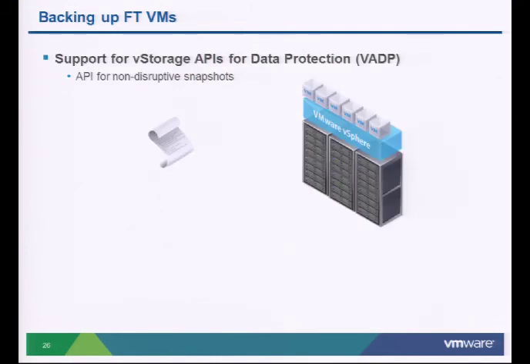It's as simple as taking a script or a third-party program. It talks the VADP API to your data center, and it can tell a particular VM, hey, I want this VM to be saved to disk. All right? So let me show you. We've implemented this. Seems to work.